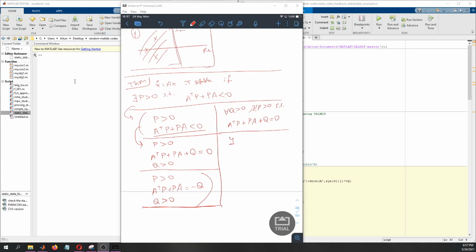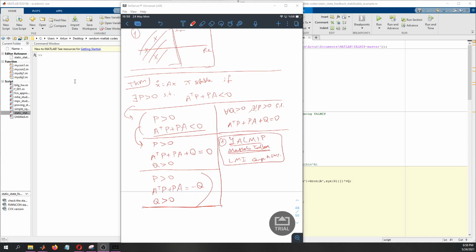You can use YALMIP, which is a MATLAB toolbox for LMI, linear matrix inequality computations. YALMIP has a website and is easily downloadable, and you can add it to MATLAB like any other toolbox, such as the robust toolbox and control toolbox.